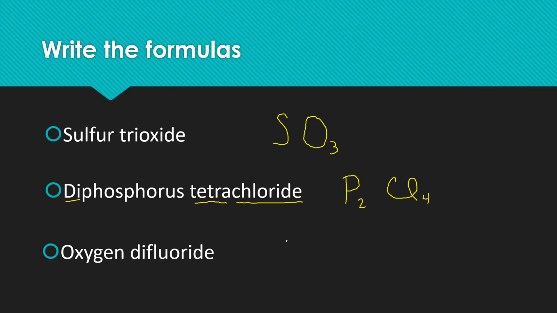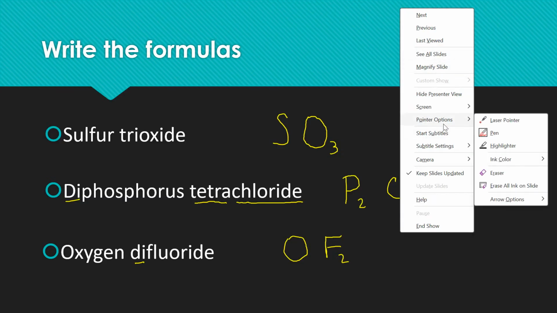Last one. Oxygen is oxygen. There's no prefix, so it means there's 1 of them. Difluoride, fluoride is the element fluorine. Di means there's 2 of them. And that's the formula for oxygen difluoride. Very, very simple.